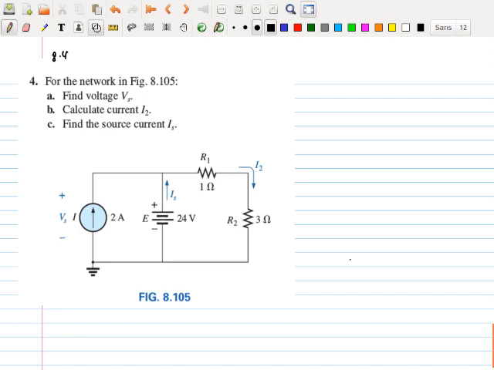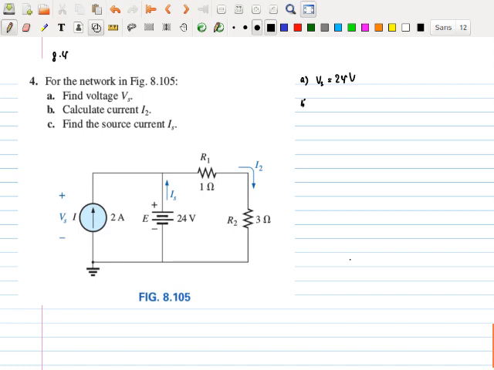This is the reason in mesh analysis we cannot apply the Kirchhoff voltage law across a current source, because it depends on the extraneous activities happening in the circuit. So here we understand Vs, and the reason it is equal to 24 volts.